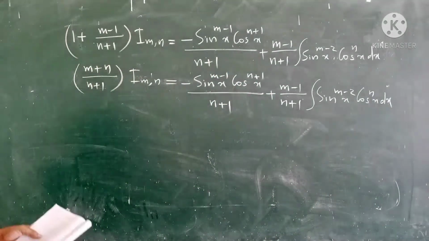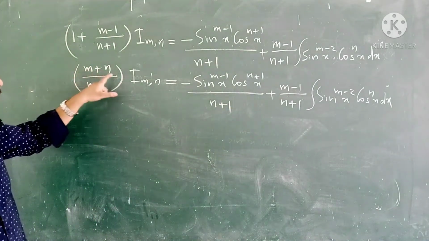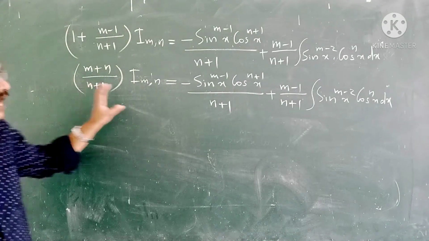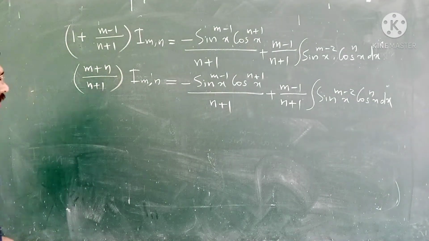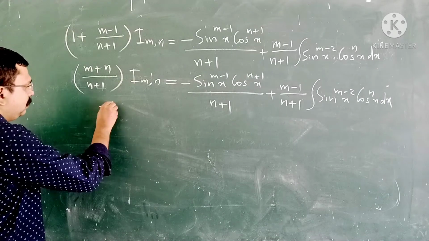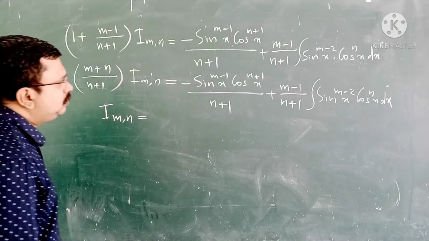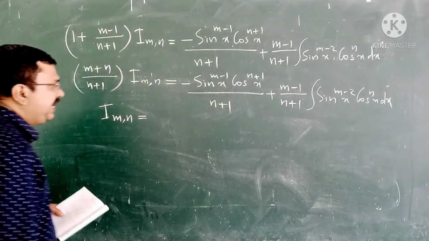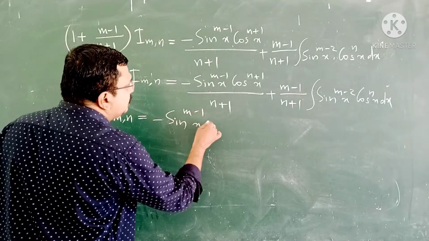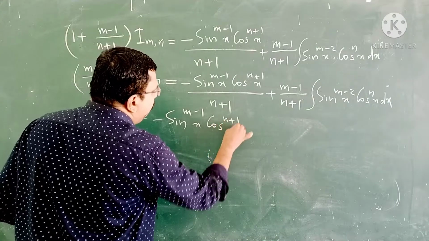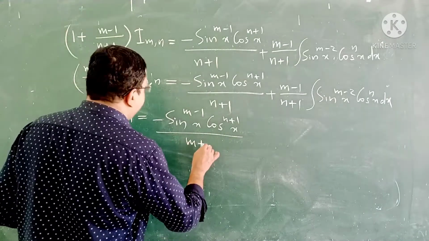Next step, we are dividing throughout by m plus n by n plus 1. We are dividing throughout this equation by m plus n by n plus 1. Then we will get Imn is equal to minus sin raised to m minus 1 x cos raised to n plus 1 x divided by m plus n.